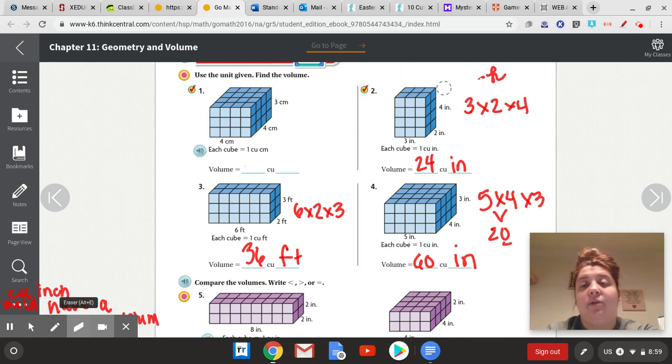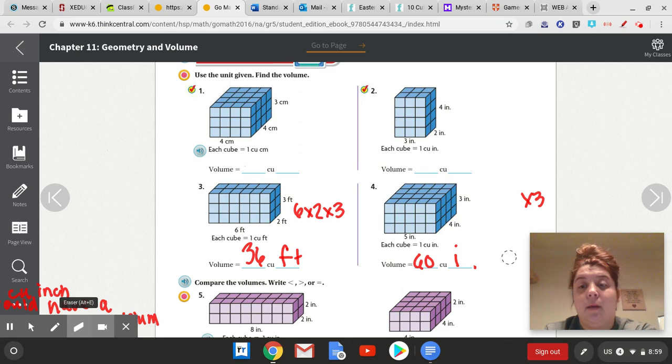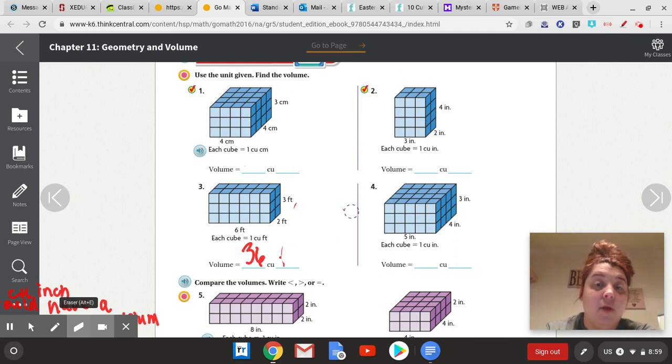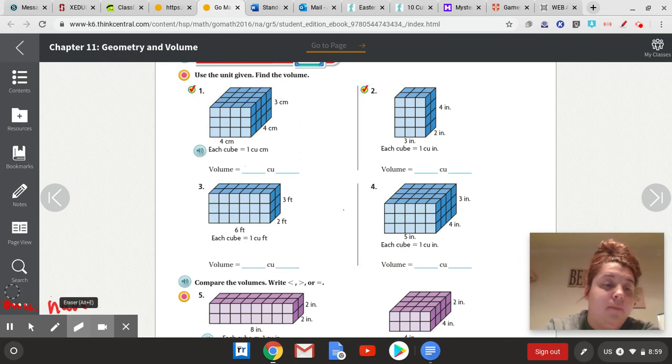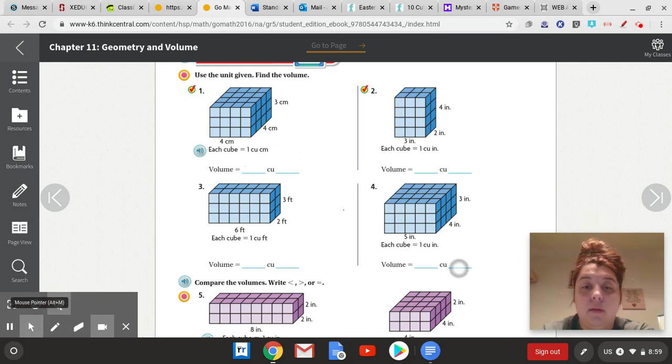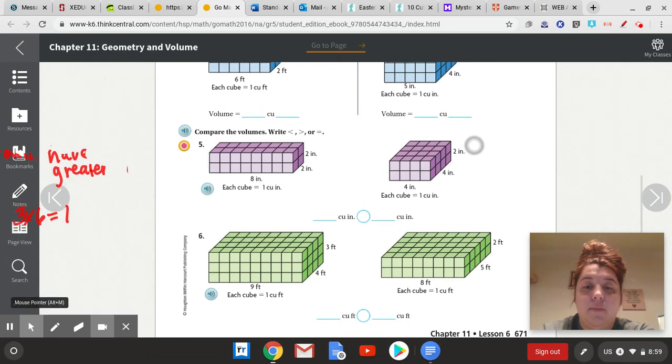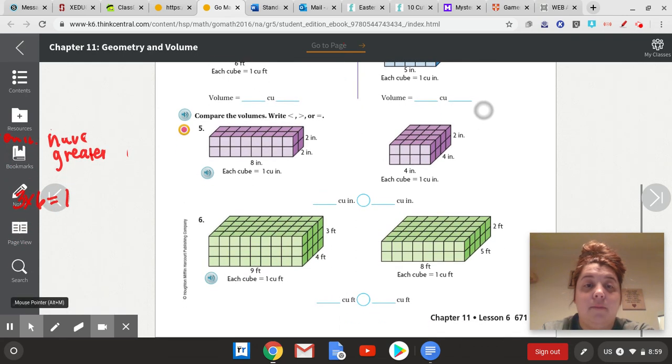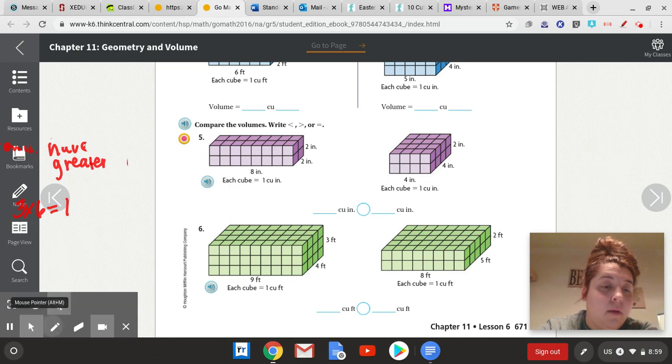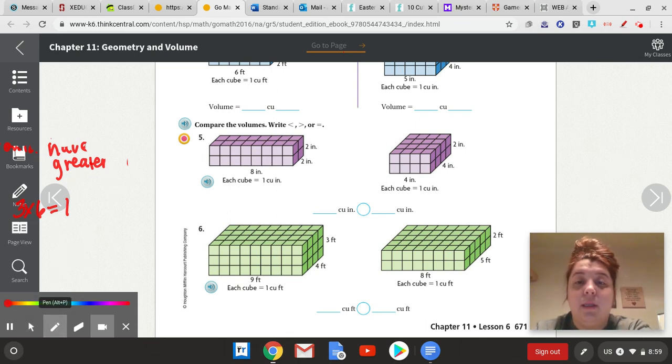5 and 6 are a little bit different as to what we are doing. In terms of the directions, so we're going to compare the volumes with greater than, less than, or equal to. Oh, and you just have to find them first.